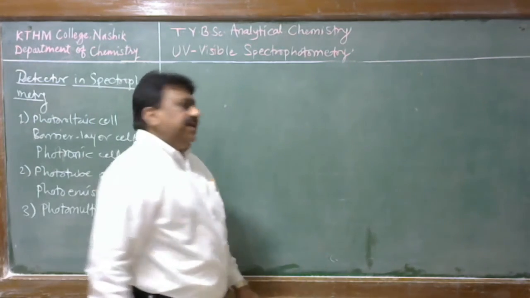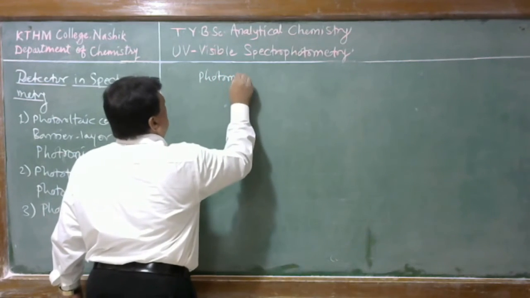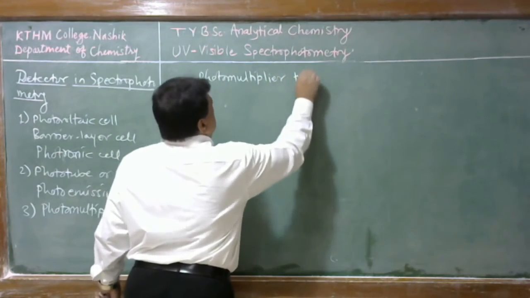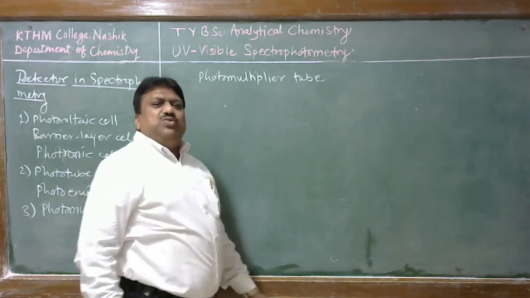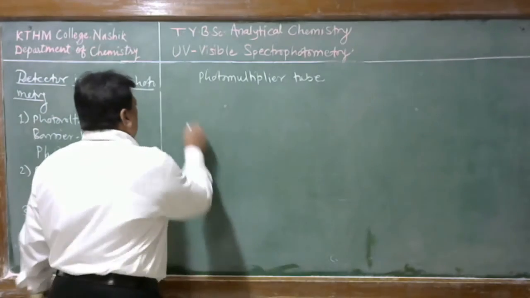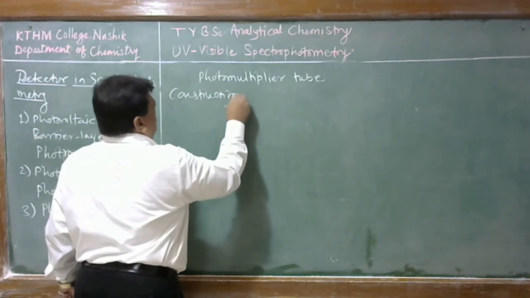The photomultiplier tube is the most sensitive detector used in spectrophotometry. Now, how is it constructed? Construction.